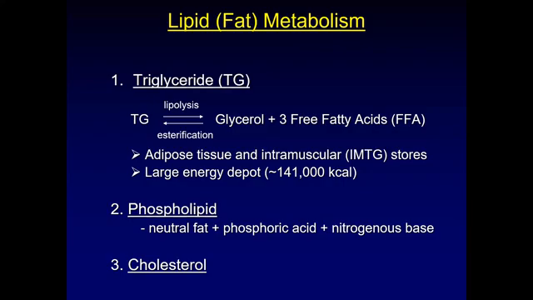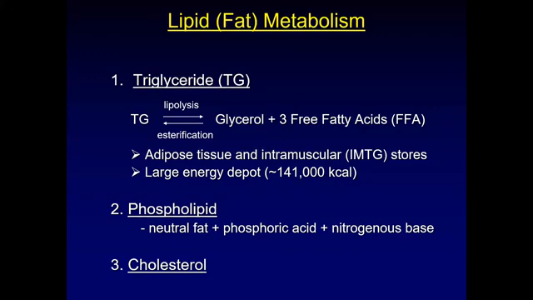Adipose tissue contains those. We also have a smaller amount of triglycerides that are stored inside of a muscle, especially those of you that do a lot of aerobic type training. People that are super sedentary and are obese also have a lot. This is called intramuscular triglycerides.